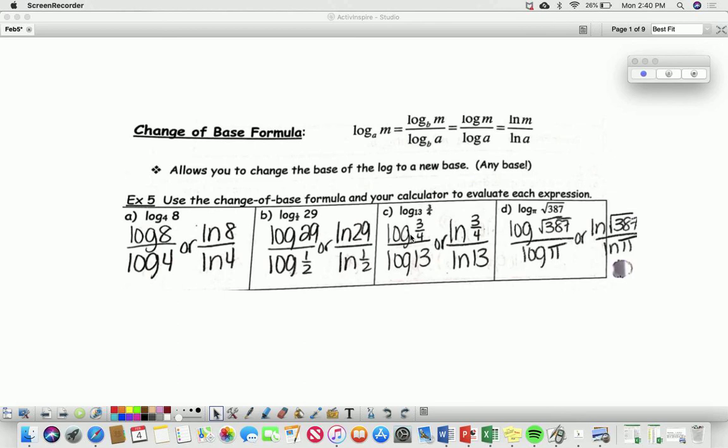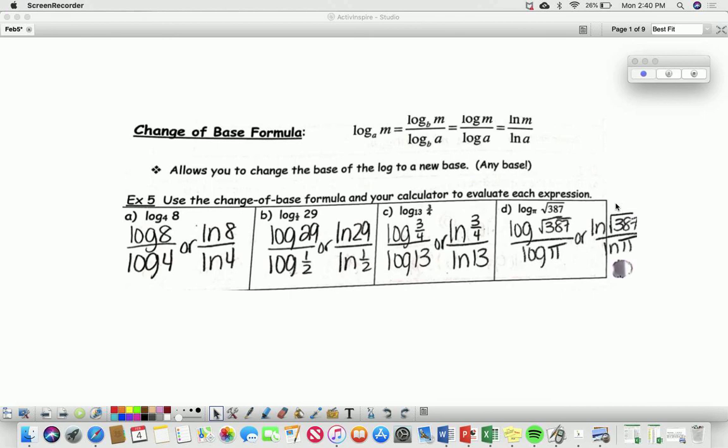That's what's important to remember. So log 3/4 over log 13, or ln of 3/4 over ln of 13. And even if it's a pi, if it's a square root, it doesn't matter. Log square root of 387 over log pi, or natural log. We're going to use that, which is why I just wanted to make sure that we did that. Like I said, I don't remember where we stopped.